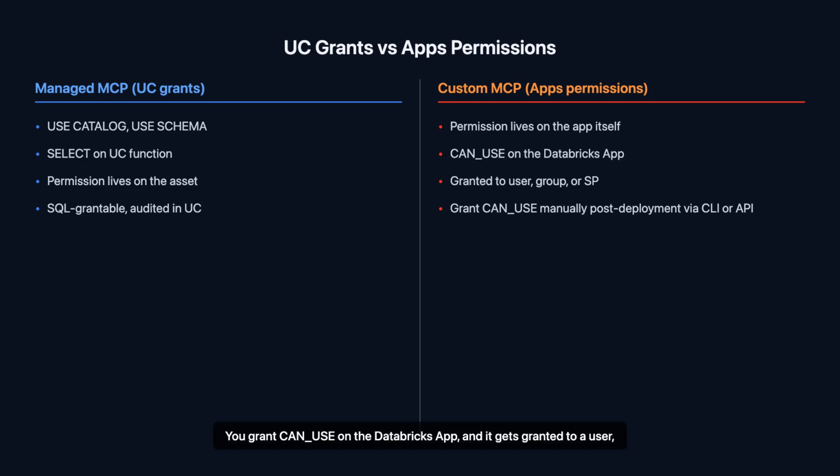You grant can_use on the Databricks app, and it gets granted to a user, group, or service principal. Remember from the previous scene, you grant can_use manually after deployment via the CLI or API, since it can't ride along as a bundle resource. Different models, different verbs, different homes, don't mix them.